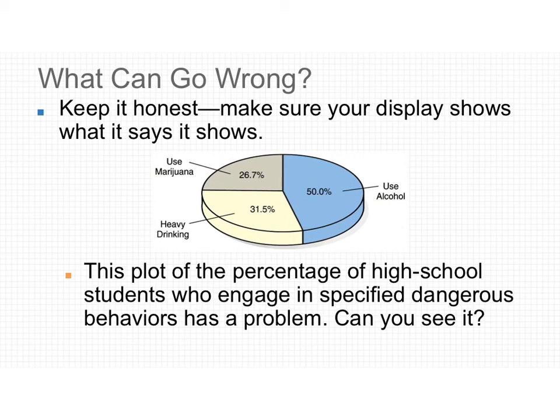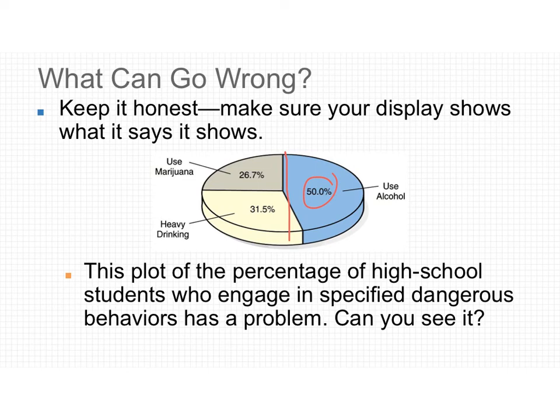For this one, here are a couple problems you may have. First, as you look at this pie chart, if this is 50%, shouldn't that line be straight down? It's not the straightest line, but it should be straight down. It should be half of that pie chart. So that's misleading in that portion.